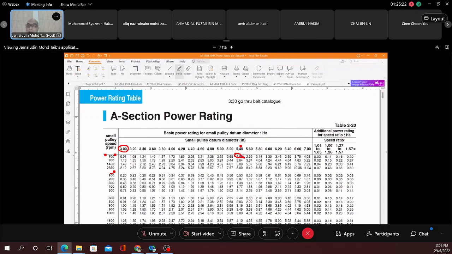For example, if the rating is 2.83 and the design power is 10, then we divide 10 by 2.83. But the idea is that you need to round it up to the next whole number. That will be the total number of belts.